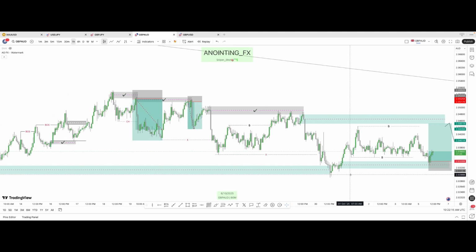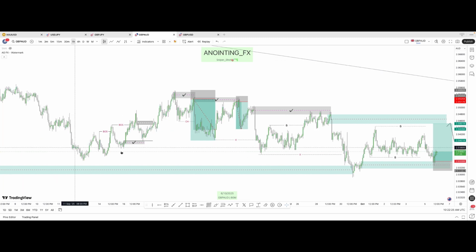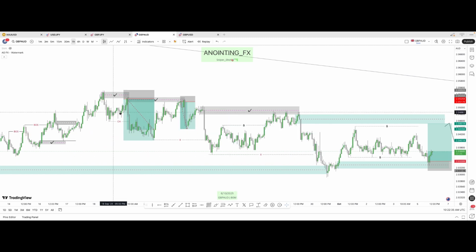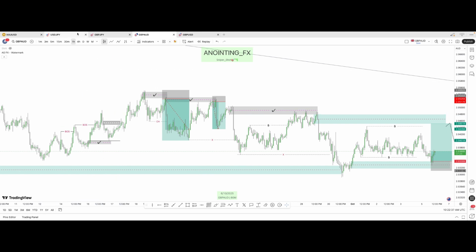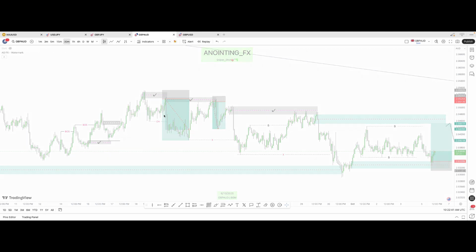Regardless of the strategy you are using, I always suggest that you take your entries on the lower time frame, because that gives you a smaller stop loss, and then you get a big risk to reward. I mostly pick up my trades on the 30 minutes time frame. That's a special time frame for me.